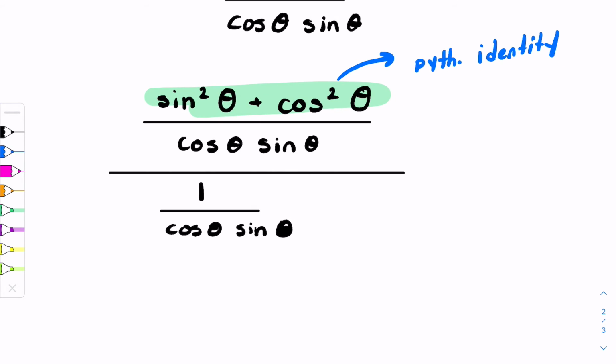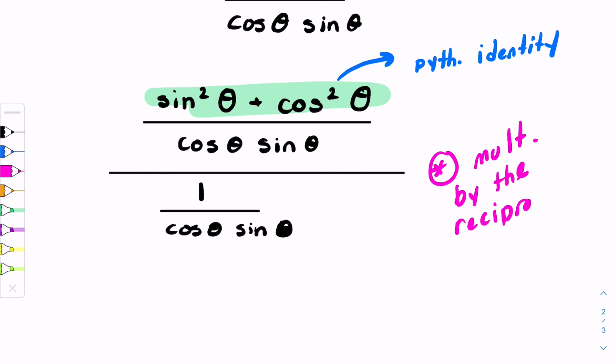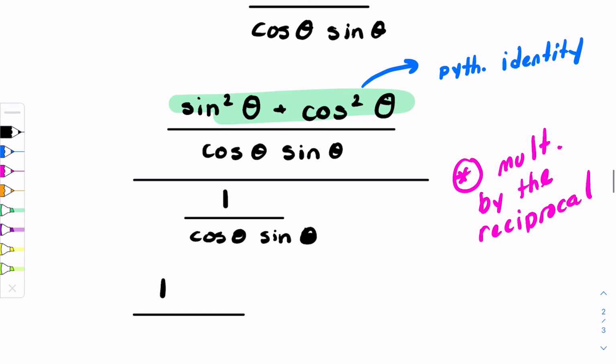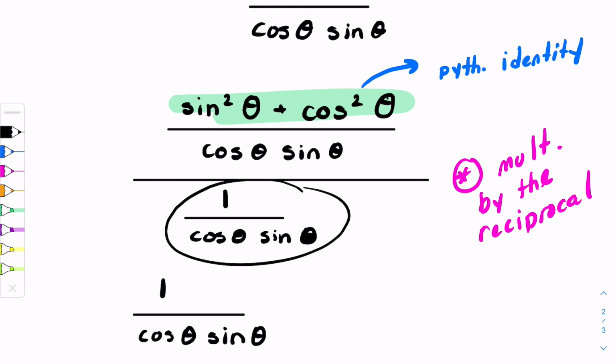And within this step, obviously I'm going to replace that with 1, but it's also division, so I know that I can multiply by the reciprocal. So I'm going to create a first fraction as 1, replacing sine squared plus cosine squared. So 1 divided by cosine times sine. And I'm going to flip the second fraction.